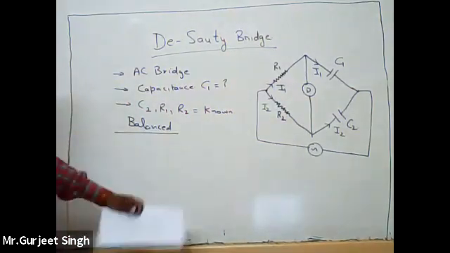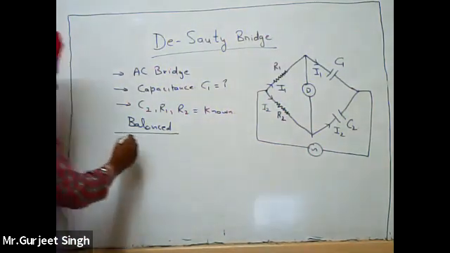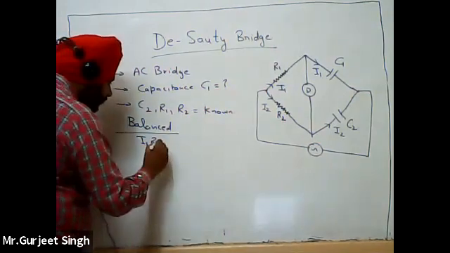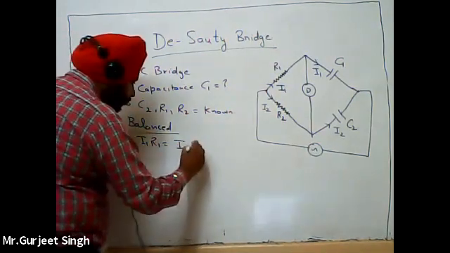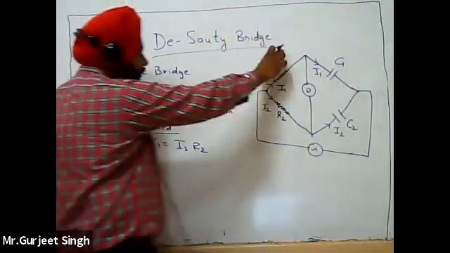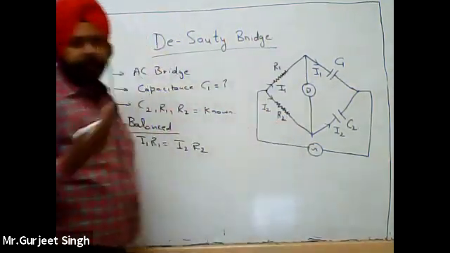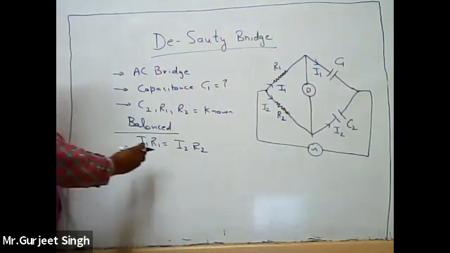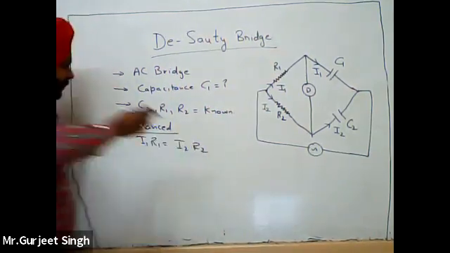So at the balanced condition, I1 R1 is equal to I2 R2, which means the V1 voltage and V2 voltage are equivalent.